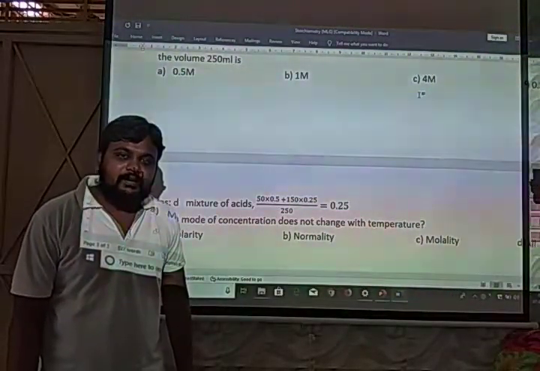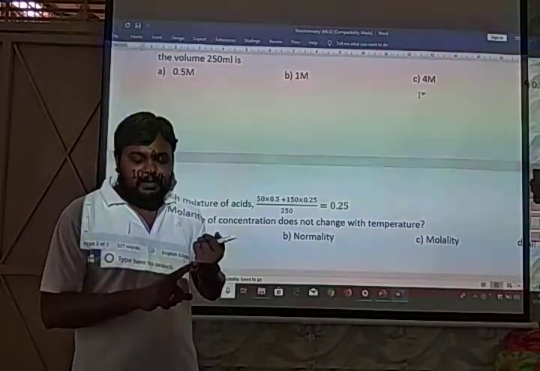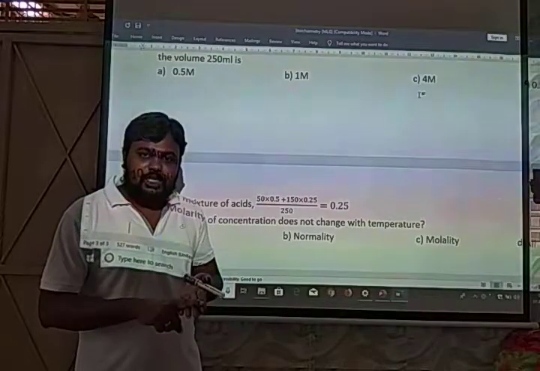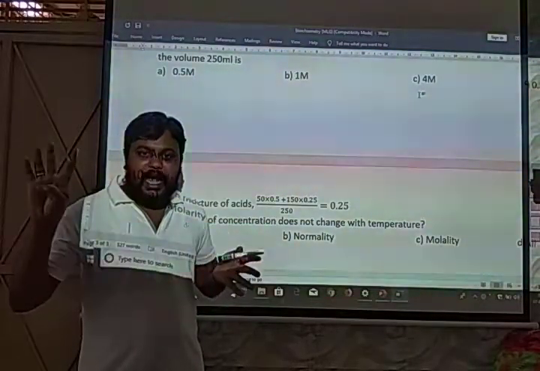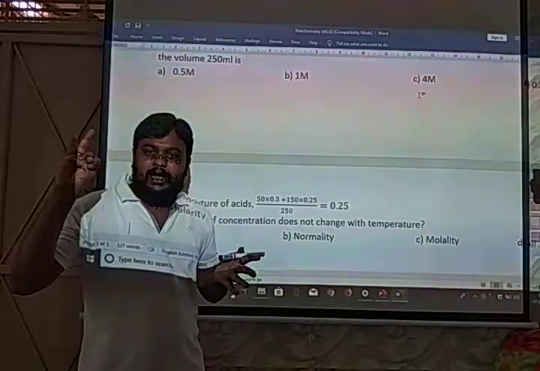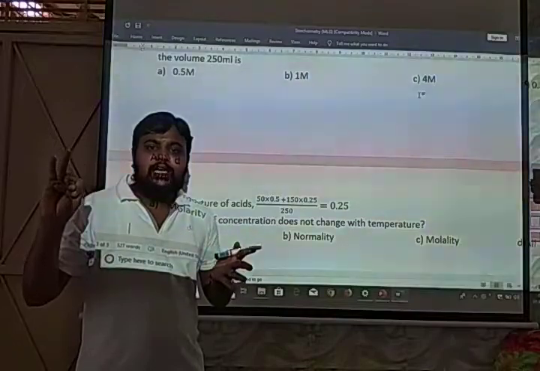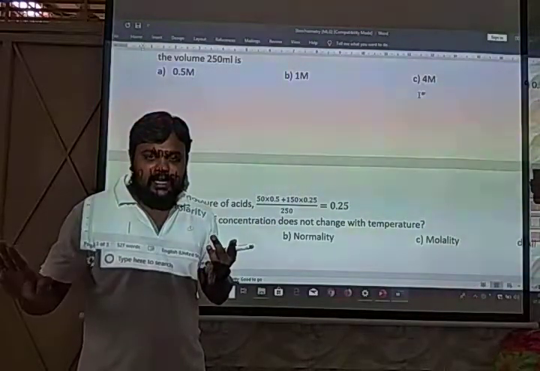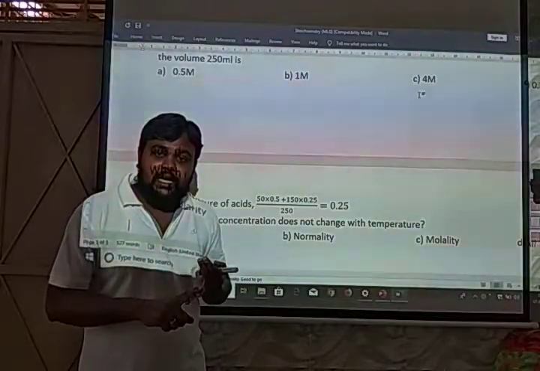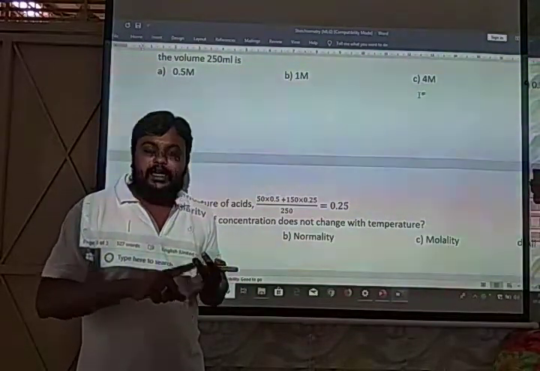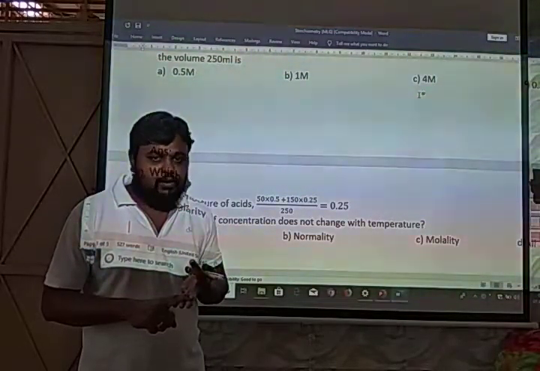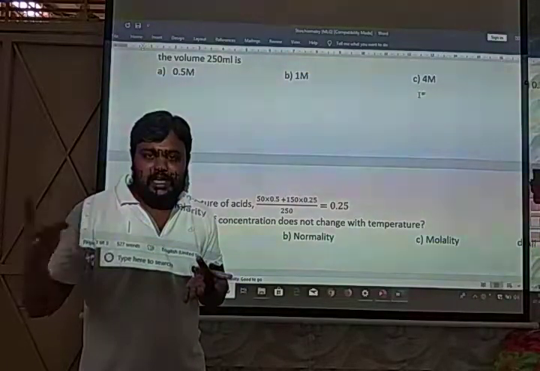I told you there are 8 concentration techniques. Physical techniques: mass percentage, volume percentage, parts per million, mole fraction. Chemical techniques: molarity, normality, and so on. Among these, mass percentage does not contain a volume factor, so it is temperature independent. Similarly, parts per million and mole fraction also do not contain any volume factor, so they are also temperature independent.